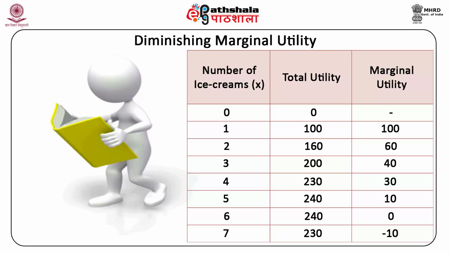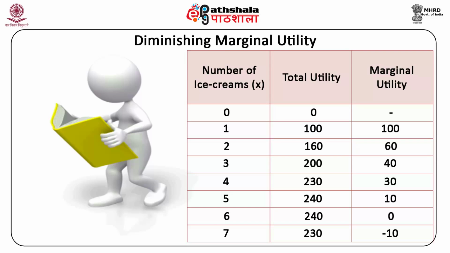Subsequently, the third and fourth glasses of water give even less satisfaction or utility as your thirst is already quenched. This demonstrates that the marginal utility derived from consuming water will diminish.